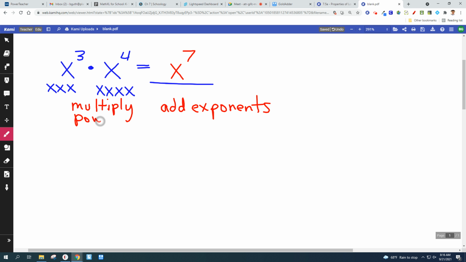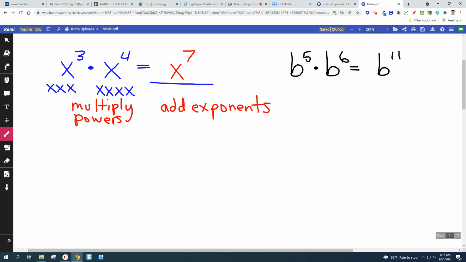If I gave you b to the 5th times b to the 6th, you should be able to quickly tell me that's b to the 11th power. You should have learned that rule in Algebra 1 class, and it maybe came up in Algebra 2 before, but anyway, that's definitely a rule.